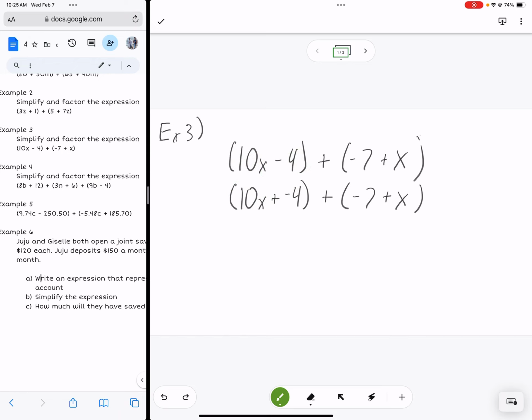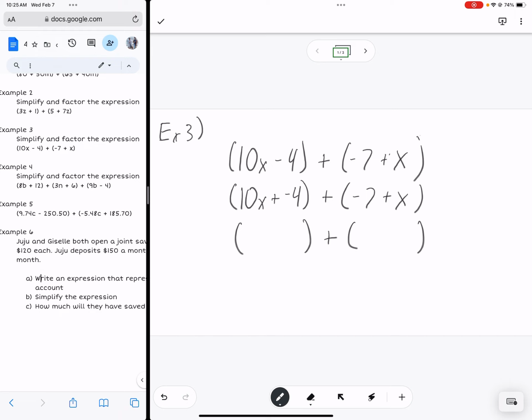We're still able to use the commutative property and the associative property of addition because we are adding our quantities. And then over here, we have addition and addition, all right? So just like normal, I'm going to rearrange these using the commutative and associative property.